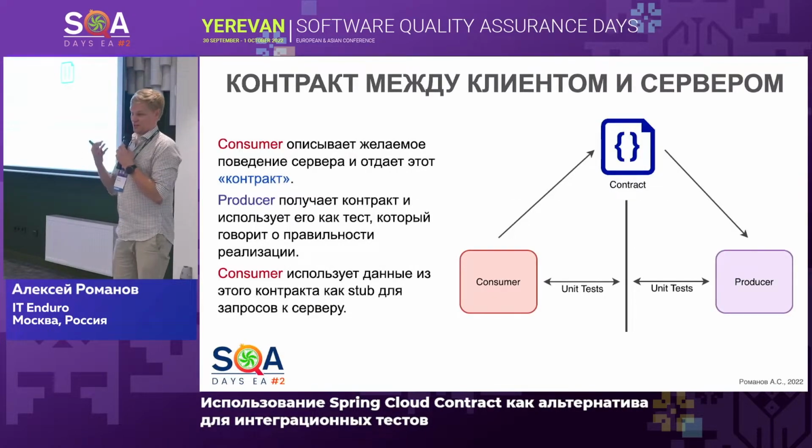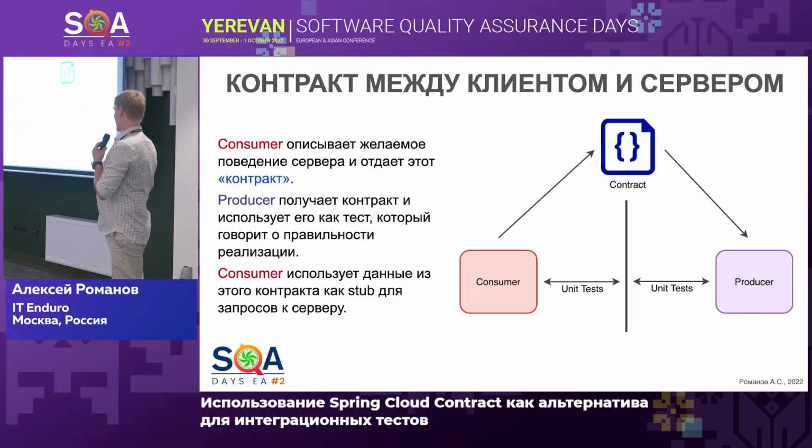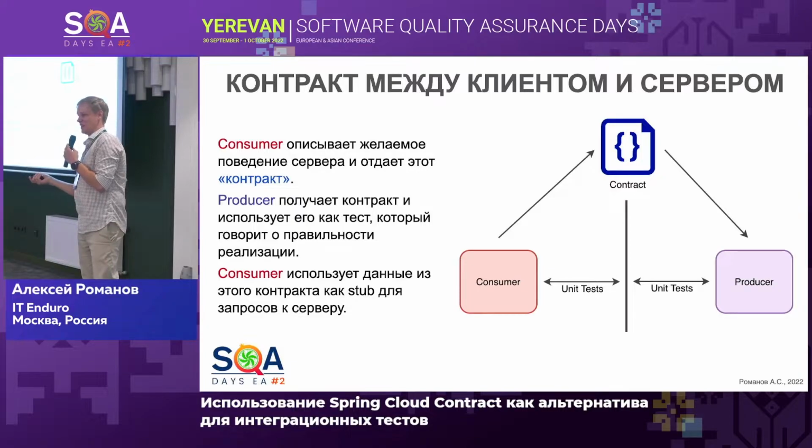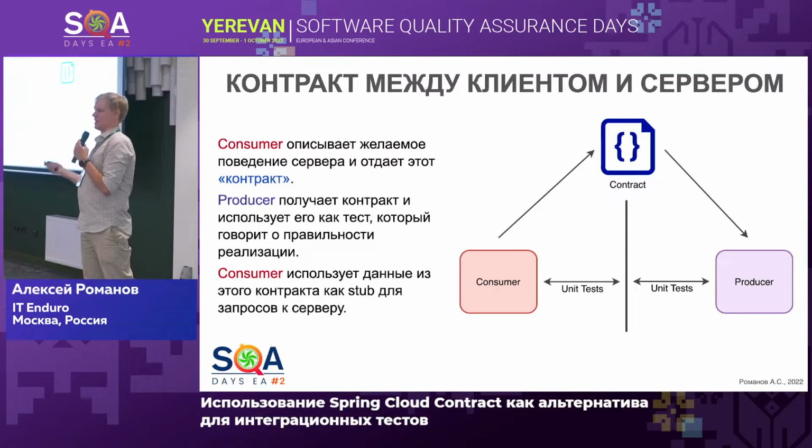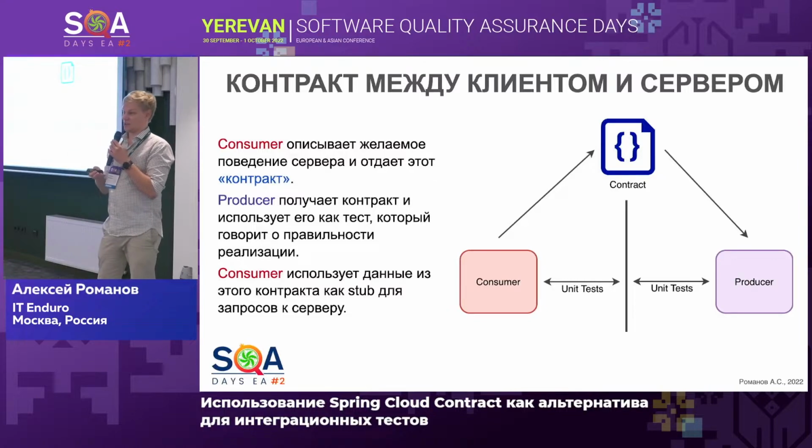Contract. Initially, when we talk about a contract, this is when we have a consumer who wants something from a producer. It's like a declaration. We need this or that, and based on that, I'd like to get something in the output.